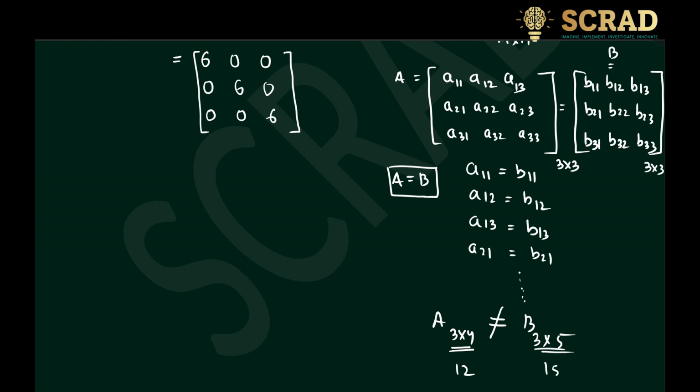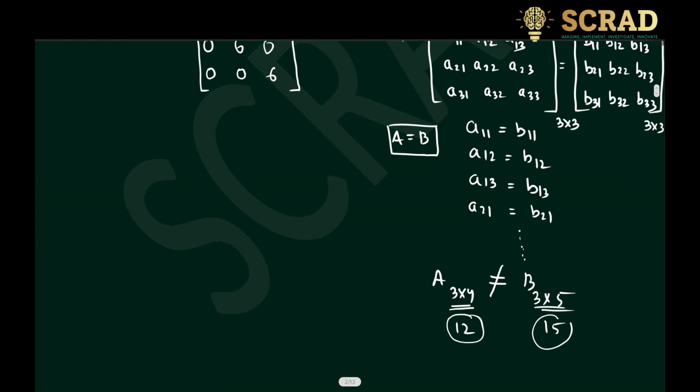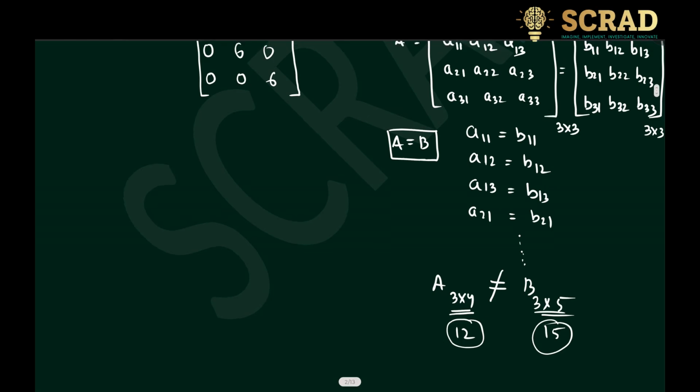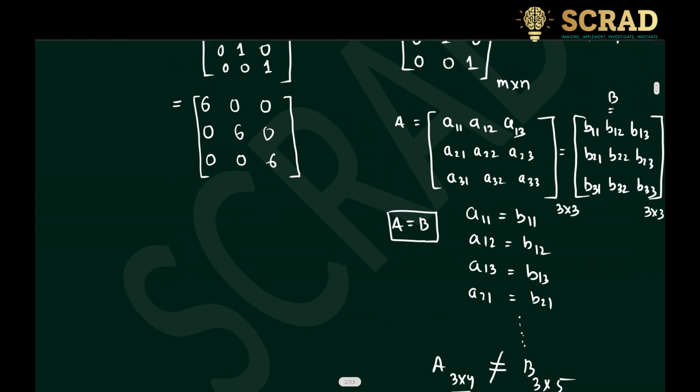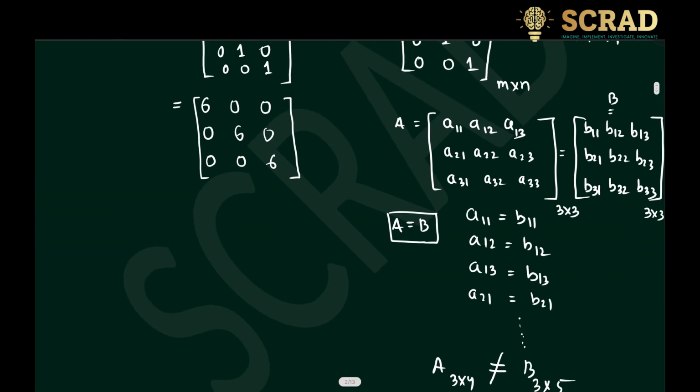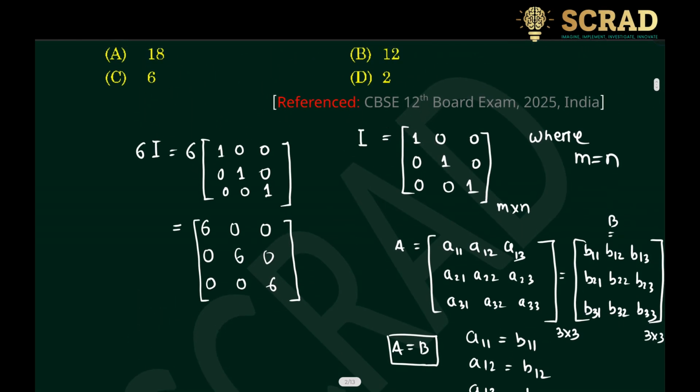Here how many elements will there be? 15. So 12 elements we cannot compare with 15 elements, right? That is why in that scenario we cannot compare matrix A with matrix B, right?